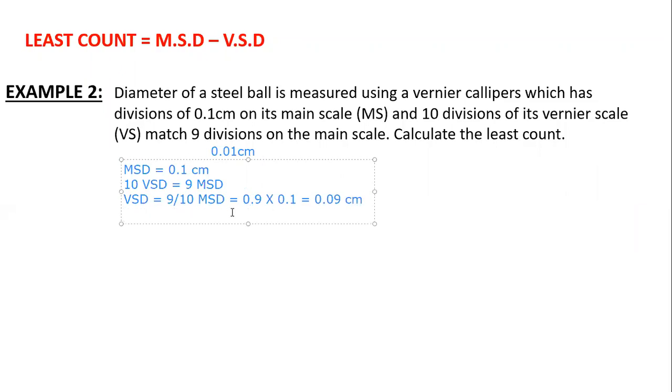Then after that? I think so, done. Least count. What will be the least count then? Main scale division minus vernier scale division. Okay, and that will be equal to? 0.1 minus 0.09. So that will be 0.81?